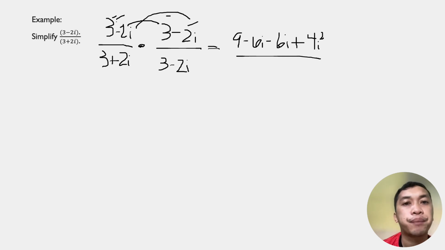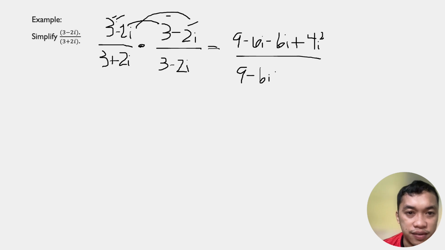Now for the denominator: 3 times 3 is just 9, and 3 times negative 2i is negative 6i. Next, 2i times 3 is positive 6i. And lastly, negative 2i times positive 2i is equal to negative 4i squared.